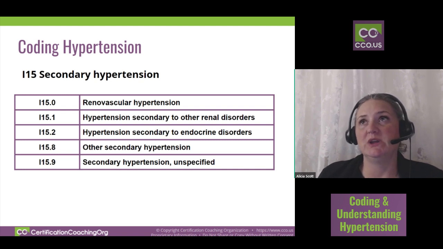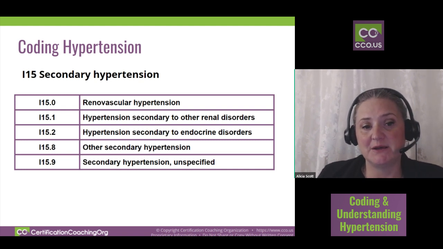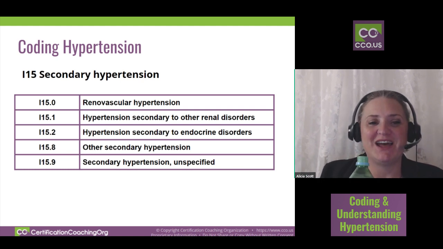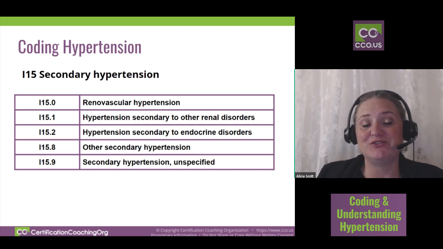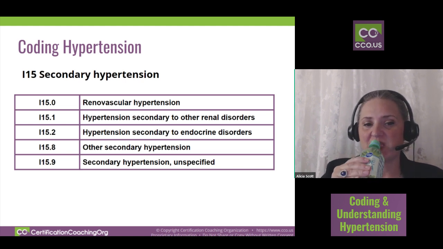You could come up with something weird, I guess, that I10 means 10, but secondary is half of that because it's second. I don't know. Don't do it like that. You come up with an idea, but you don't have to have secondary hypertension codes memorized. They're not used as much. It's not as common. Those other ones are the ones that you're going to get tested on.